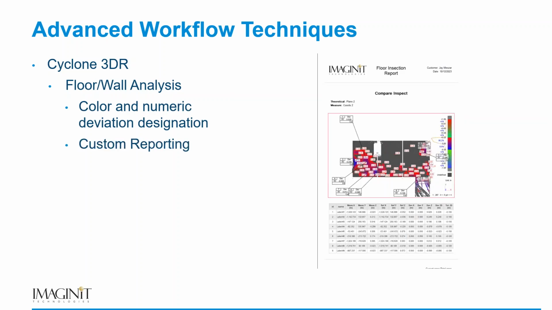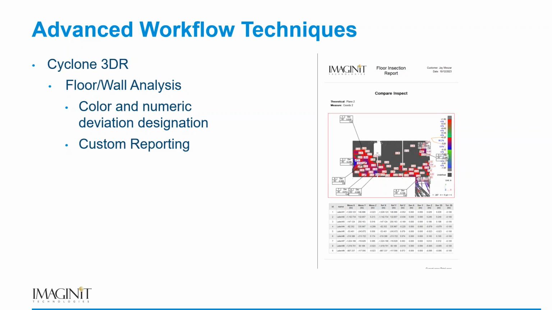Getting more in depth into the floor flatness: the floor flatness tool in Cyclone 3DR is absolutely amazing. I take the point cloud, and you've got to know what zero is, but once I have that little bit of information, we're talking a floor flatness report, comparing model to reality, model to the point cloud.